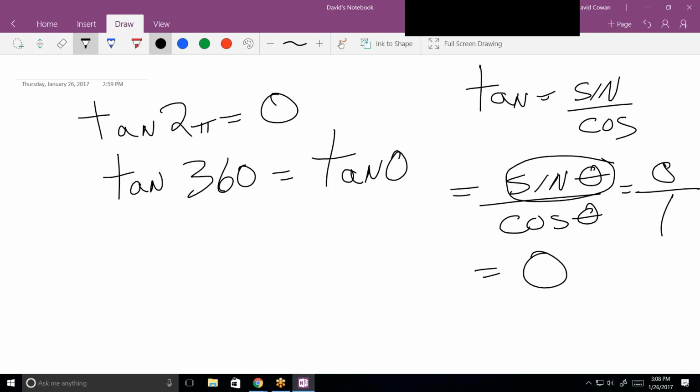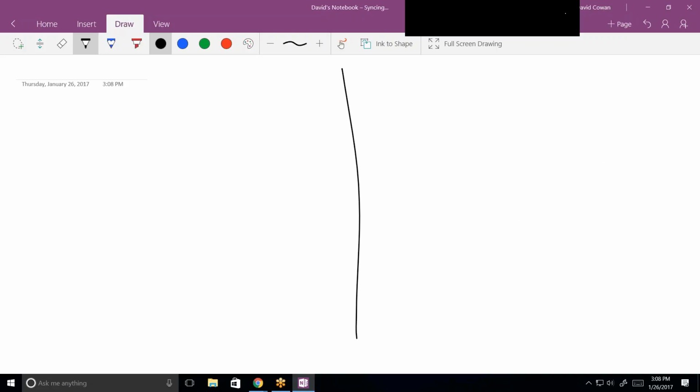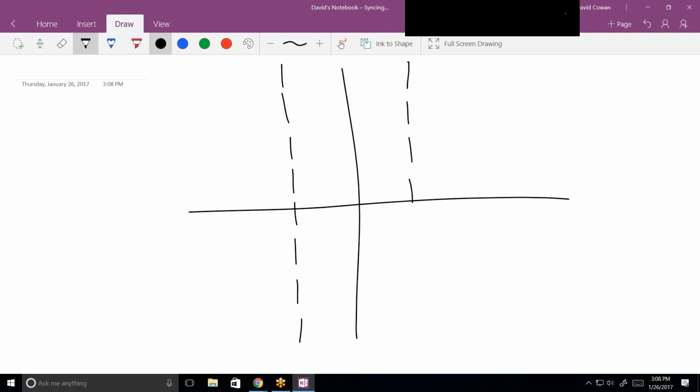I guess I really did need to go through all of that, because we didn't really talk about the tangent curve. While we're talking about it, let me draw it. Unlike the sine and the cosine curve, the tangent curve has vertical asymptotes where it's undefined.